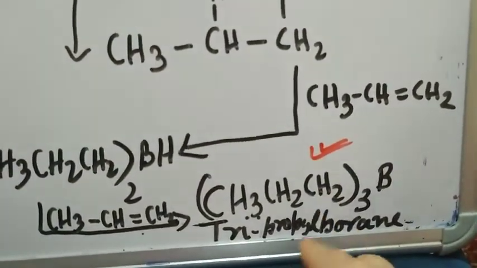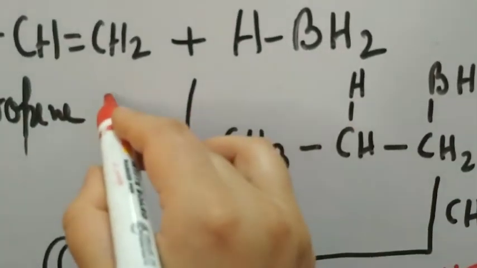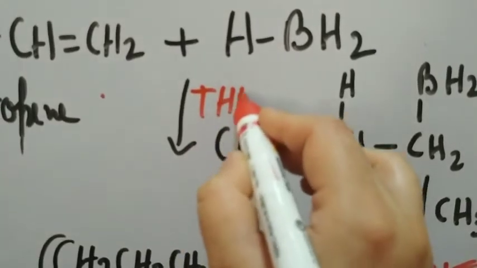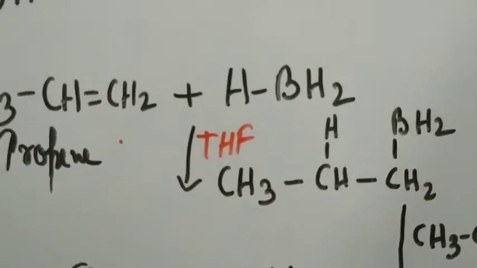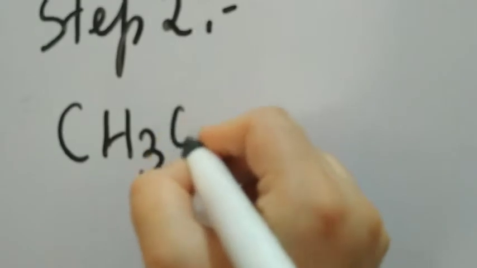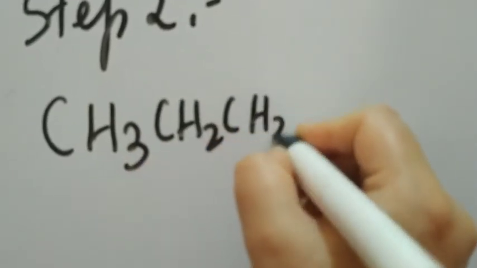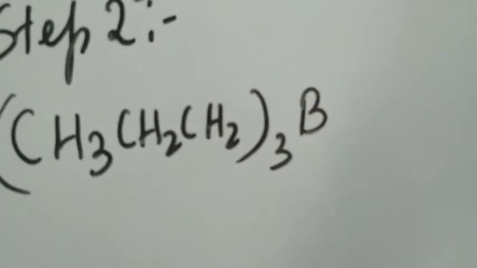We'll start our second step with tripropyl borane. All of this takes place in the presence of THF, tetrahydrofuran. Now let's start step number 2, which is oxidation. In step number 2, we'll start with the product of the first step, CH3 CH2 CH2 whole 3B, tripropyl borane.